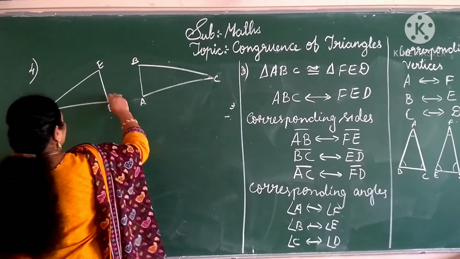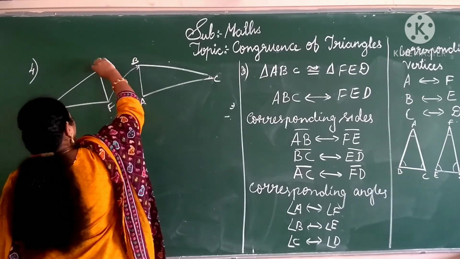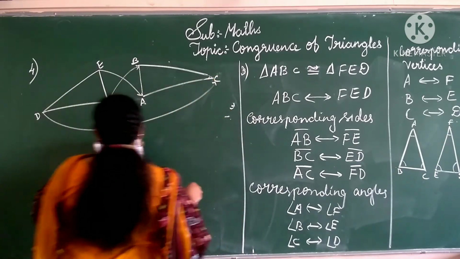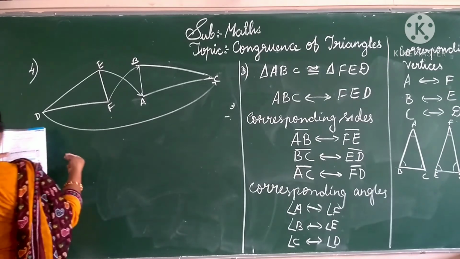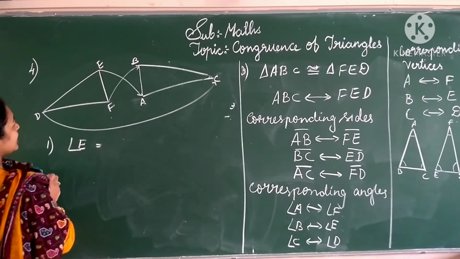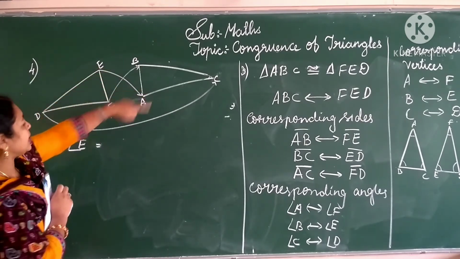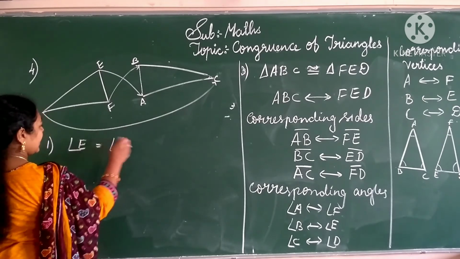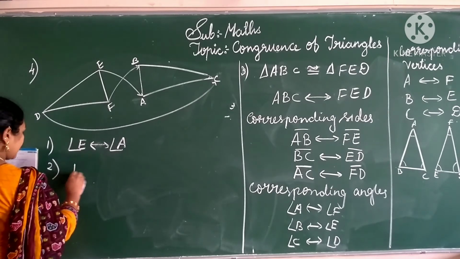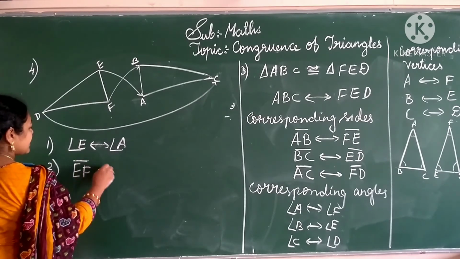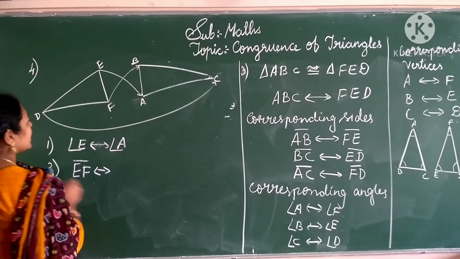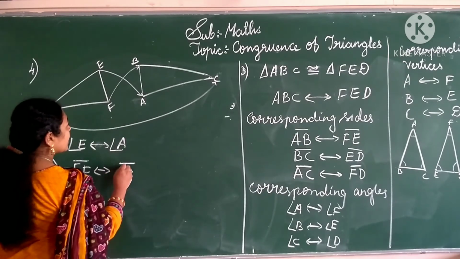So here this will come in the opposite direction of your congruency. Now they are asking us what would be angle E. Where is angle E? Angle E is nothing but angle A. This is the correspondent. Second one, line segment EF. Where is EF? This is EF. Line segment EF is equal to line segment BA.